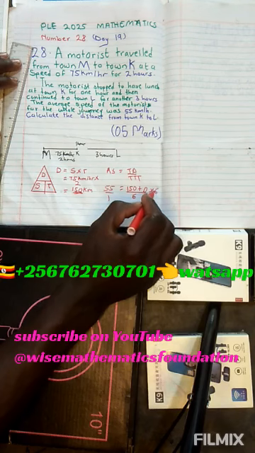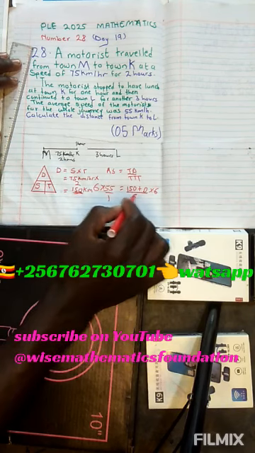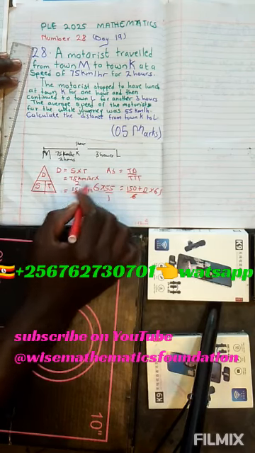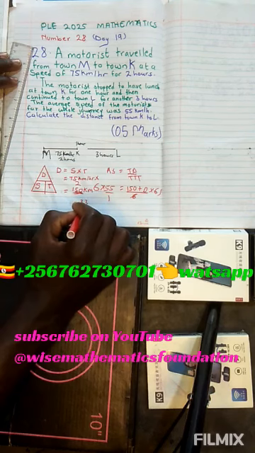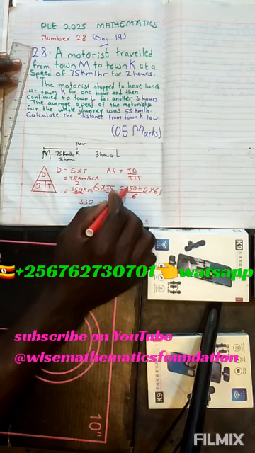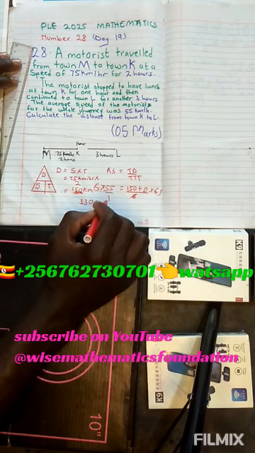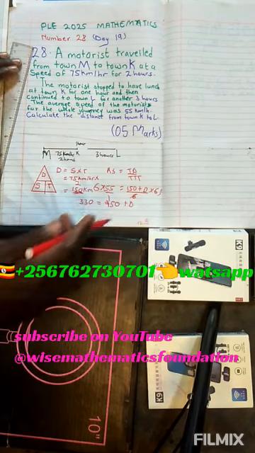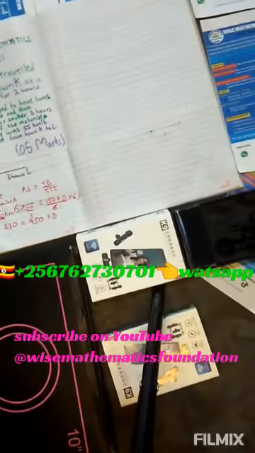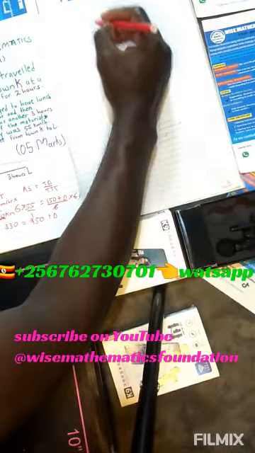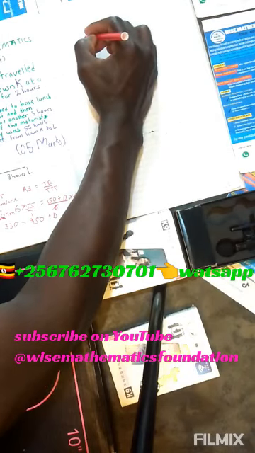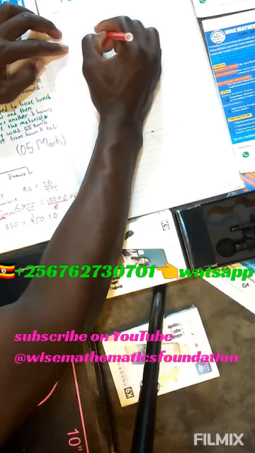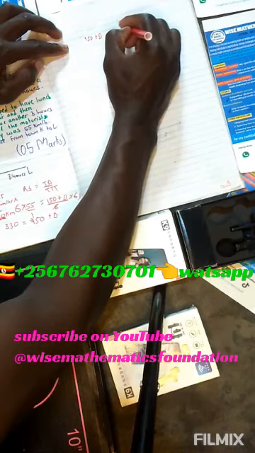We can multiply by 6 on both sides, and we remain with 55 times 6, we get 330, giving us 150 plus D equals 330. Then we can solve to get the value of D. Let us arrange our equation. 150 plus D will give us 330.